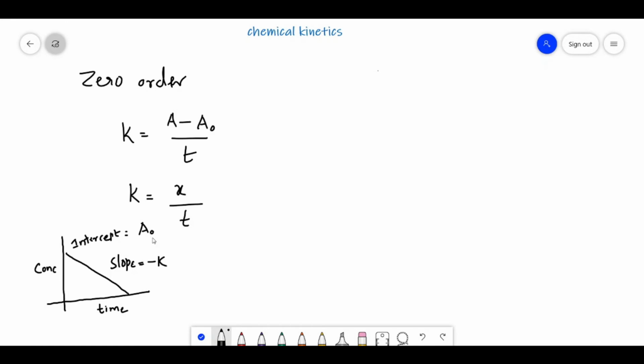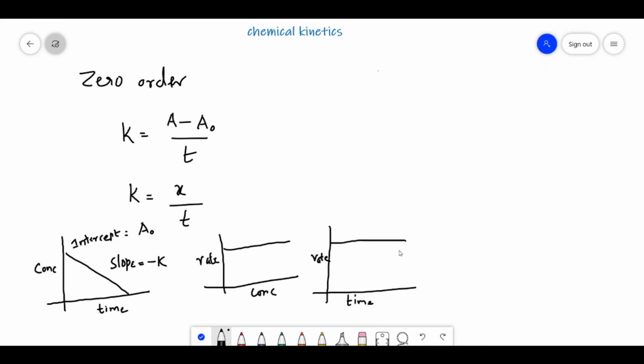Just remember this graph. And if you take a graph between concentration and rate, we get a straight line. And the same if we take a graph for rate and time, here also we get a straight line like this.